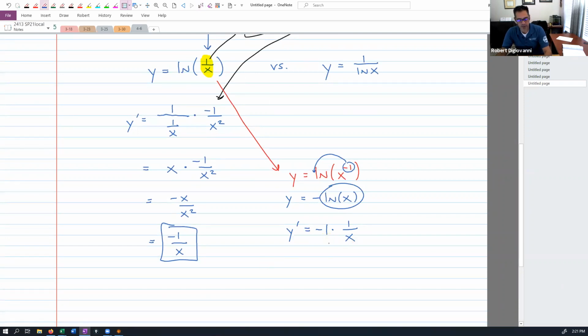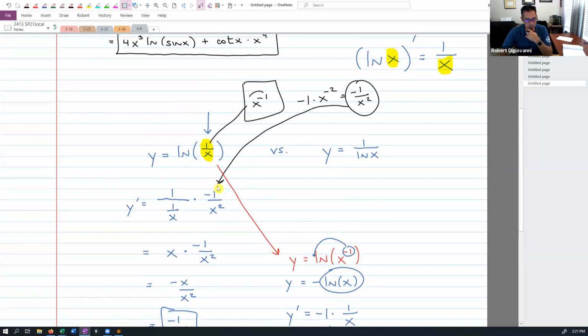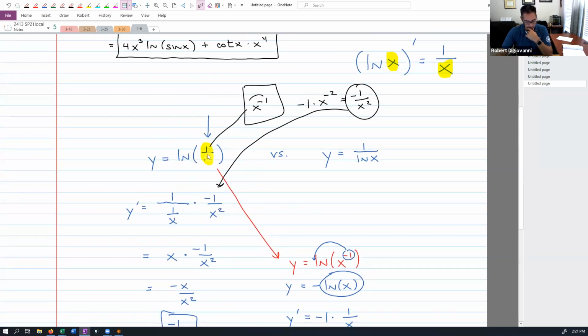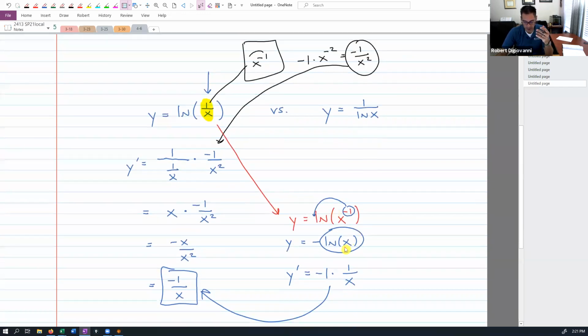And that's the same answer. That just shows you there's a different way you could have done that. So to answer your question, Austin, yes, if this would have been like 15 over x, you could use a similar idea here and you would get negative 15 over x.